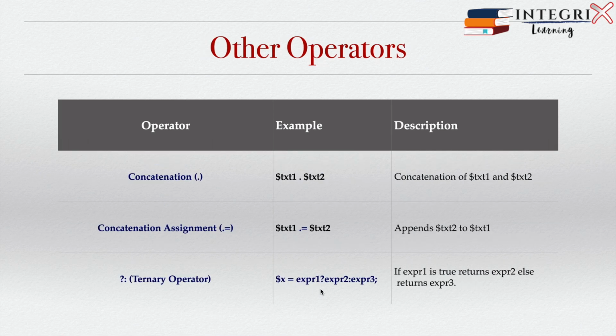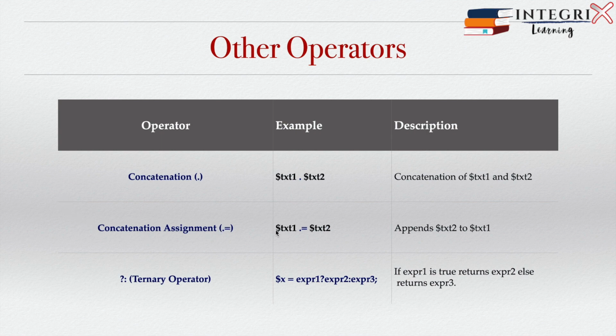We have some string operators here. Concatenation, or period, is the string concatenate operator. We utilize this operator for combining two different strings. So there are two variables, text1 and text2, and $text1 dot $text2 is essentially combining or concatenating these two variables. Then we have concatenation assignment.